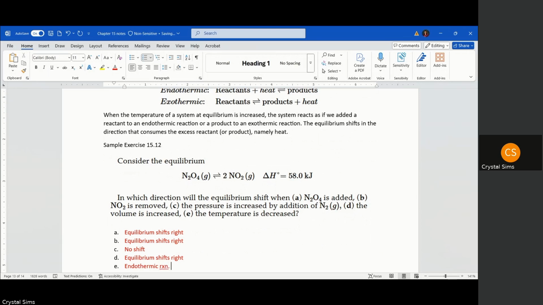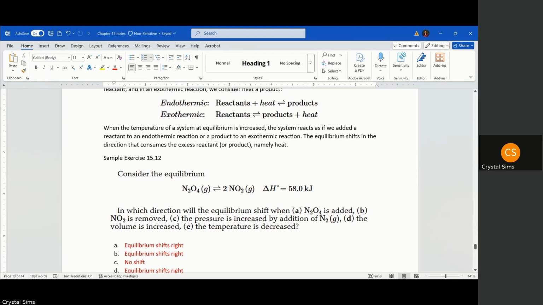So if we decrease the temperature, we have to think about where the heat is. In an endothermic reaction, heat acts like a reactant.